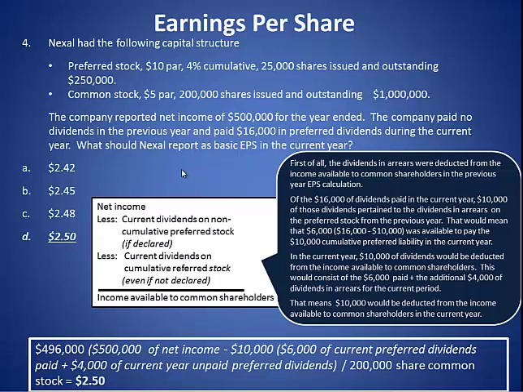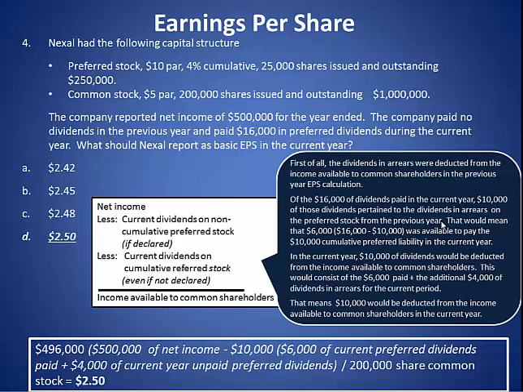So even though it was cumulative preferred stock, in the prior year that was already deducted, so we really don't have to worry about that first $10,000. Now, of the $16,000 of dividends paid in the current year, $10,000 pertain to the dividends in arrears on the preferred stock from the previous year.